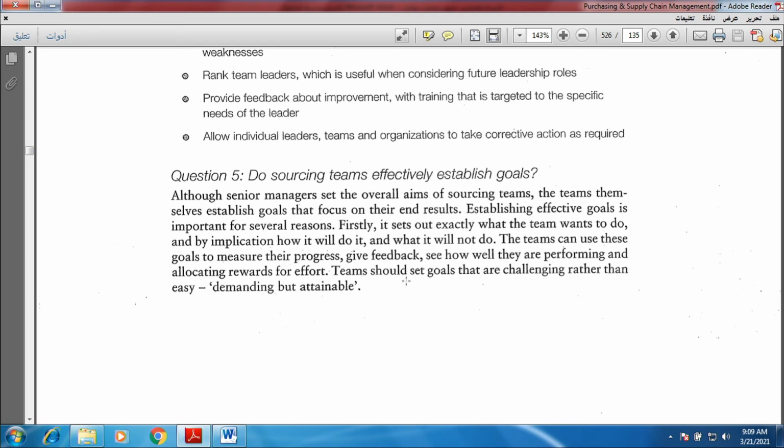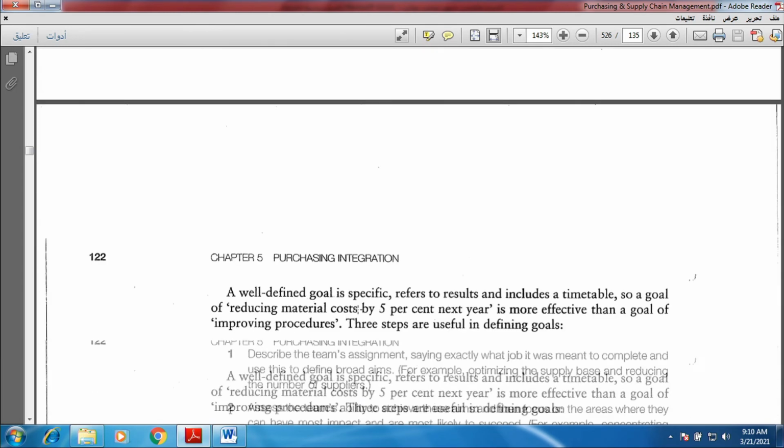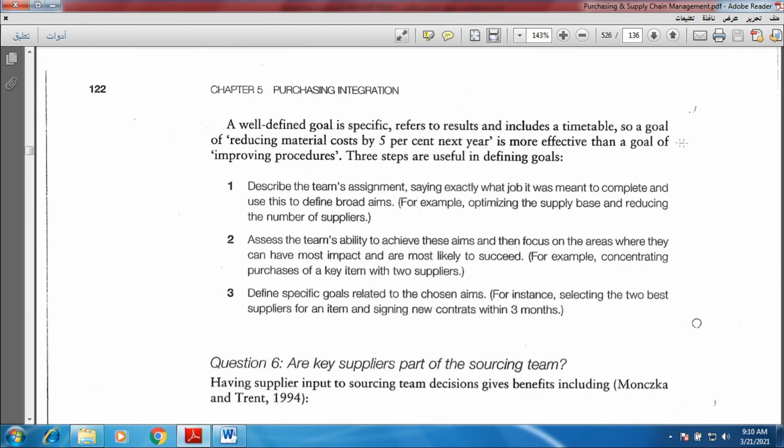We say demanding goals, but attainable. Simple goals mean teams are not giving that much effort, and challenging goals give respect to the teams. But yet, these goals should be attainable, not something that we can imagine but not achieve.